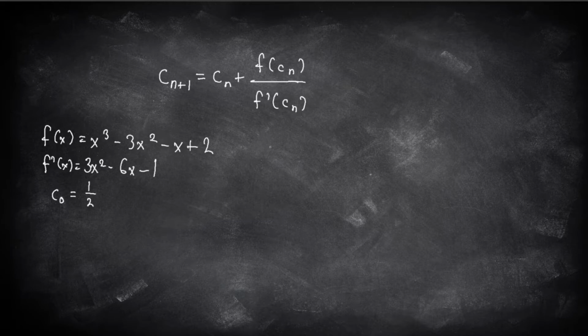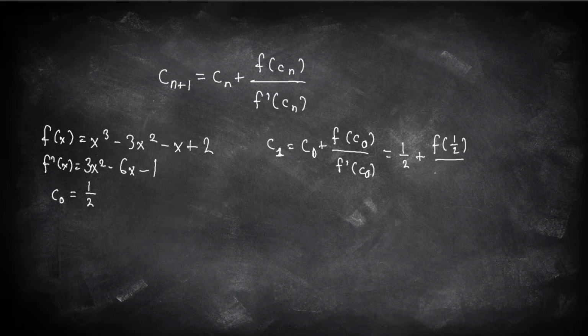Following this, we know that c sub 2 will equal c sub 1 plus f of c sub 1 divided by the derivative of f at c sub 1. What's c sub 1? Actually, c sub 0, because we're starting with c sub 0. Sorry about that. So c sub 0 is 1 half, plus f of 1 half divided by the derivative of f at 1 half.